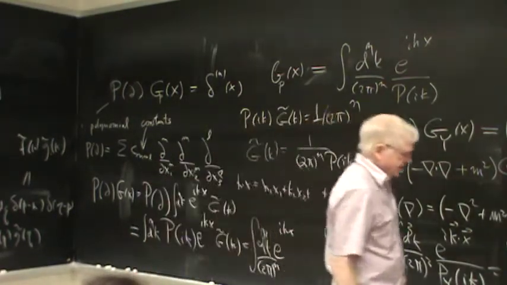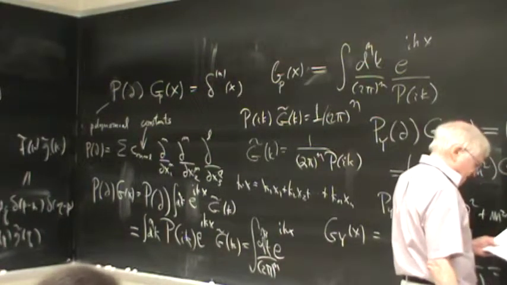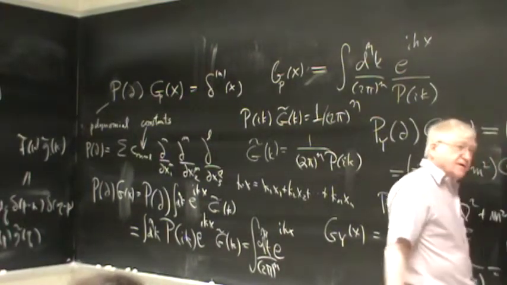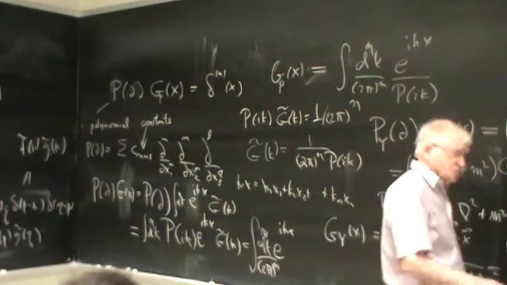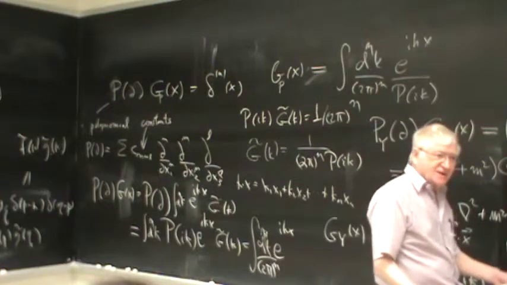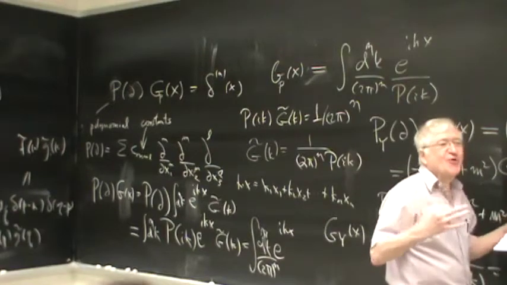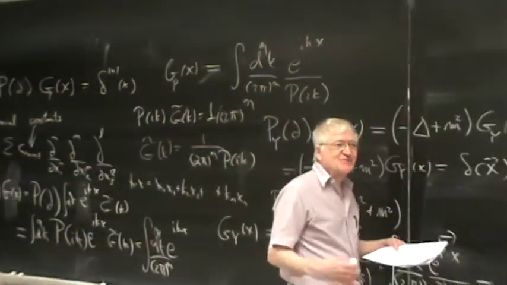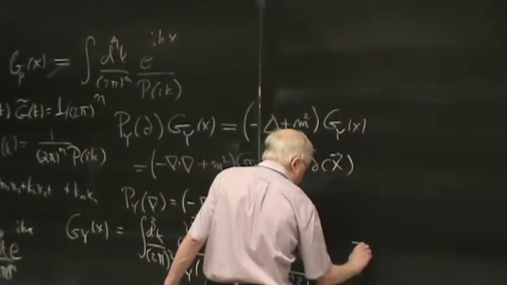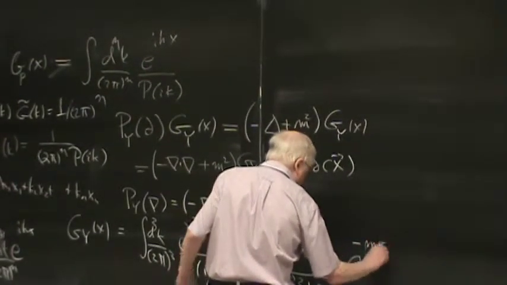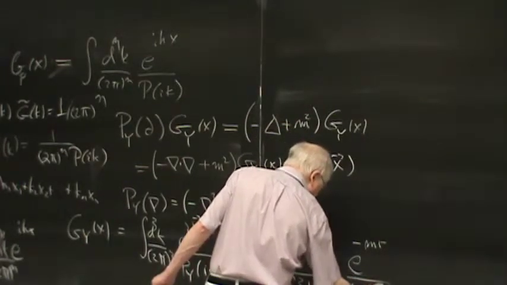Now, let me not take up class time to do the integral. It's done as an example in the textbook, example 5.21, in that complex variable theory chapter that I keep saying will be the solution to all of our problems once we get there. In any event, the answer is what's called the Yukawa potential, e to the minus mr over 4 pi r.